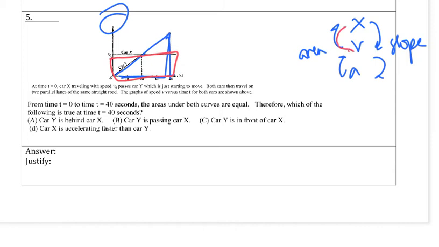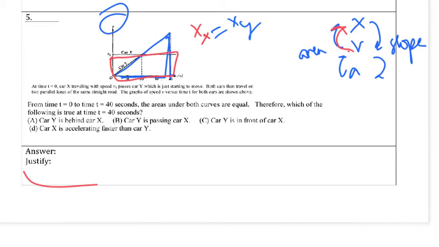If we take area, that means we're finding the position. Okay, so what that means is that the position of car X has to equal the position of car Y. So XX is equal to XY.